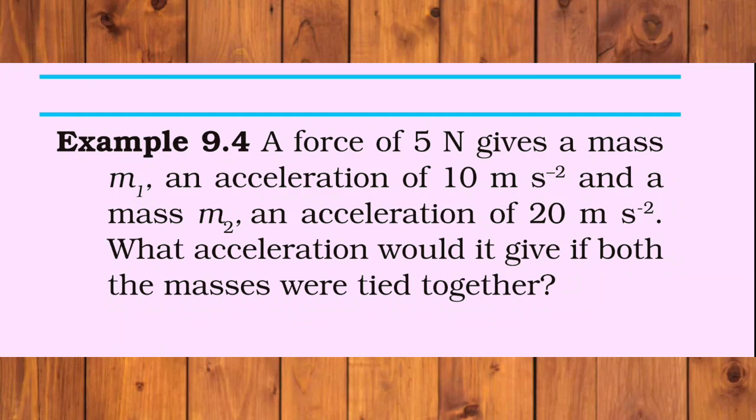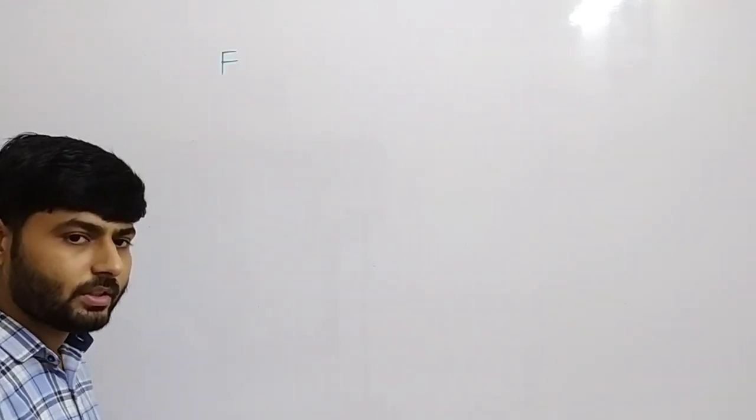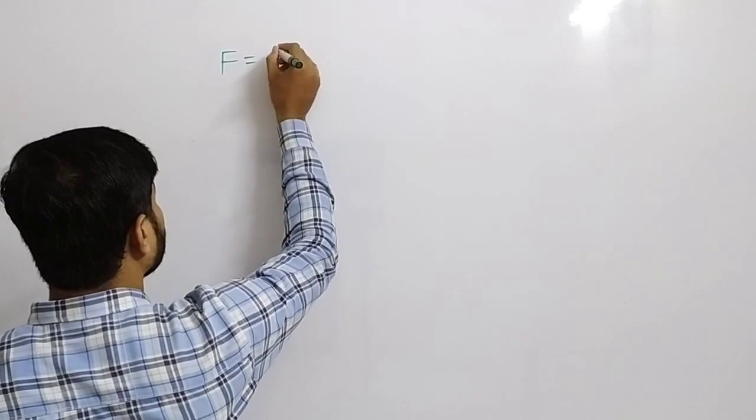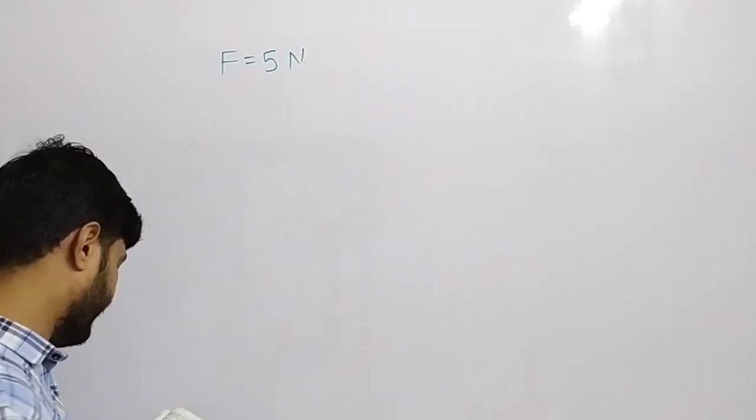Now let's take example number 9.4. Let's first derive the given data. We have a force that is fixed at 5 Newton, and we have two objects.